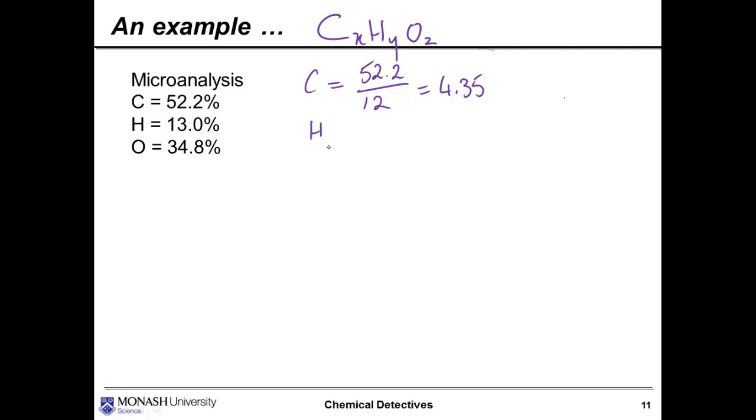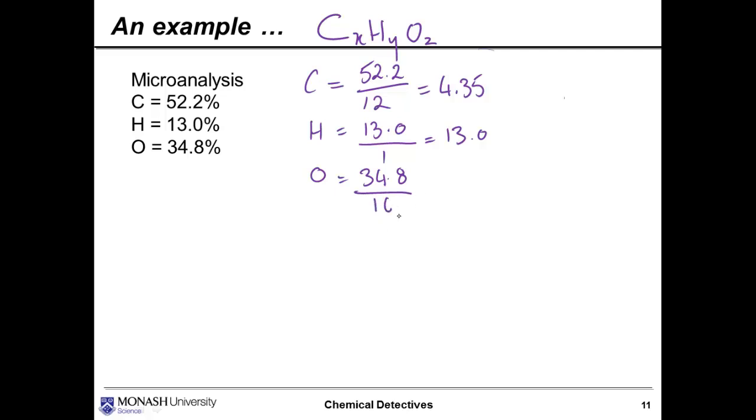I'm going to do this procedure for each of the atoms in my molecule. Hydrogen is 13%, so we say 13 divided by 1, which I can do in my head, that equals 13. What about oxygen? It's 34.8% of the molecular mass.